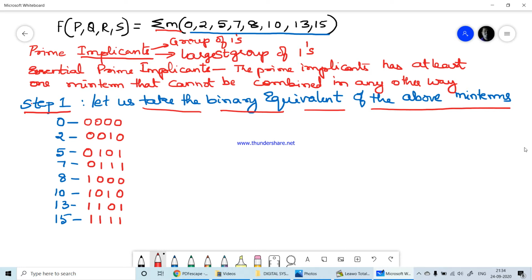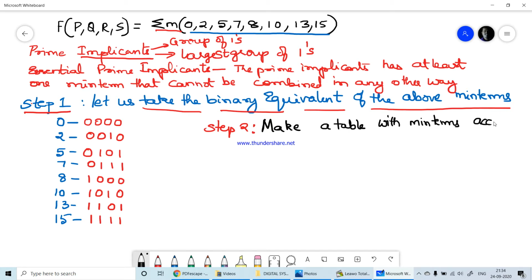Now the second step, step 2, is to make a table with min terms according to the number of ones.